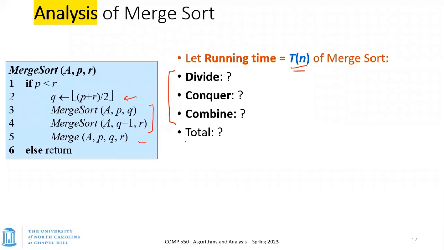Okay, so can people suggest what would be the expressions for each one of these? If I want to express T of n in terms of big omega, big theta, or big O notations, could somebody give me an idea what T of n should be?